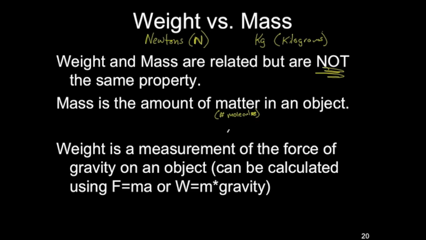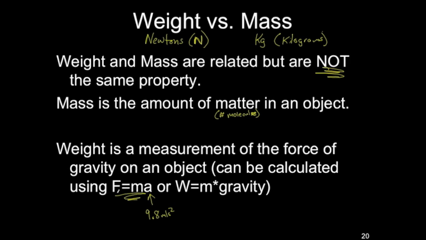And we can use Newton's second law, where force equals mass times acceleration, and depending on where you are, whether you're on the Earth or Mars or the Moon, the acceleration will change. But wherever you are, it will remain constant for the most part. So here on Earth, acceleration due to gravity is 9.8 meters per second squared.